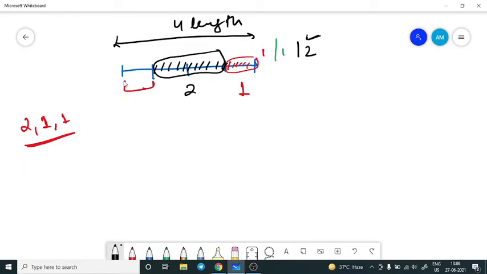Now for this one, you can see that the length is now 1, so I cannot divide this with 2, right? Because the line segment I am left with is only 1, so I cannot divide it with a segment of 2. So the option of 2 is now removed. Now I am only left with these two options, that is one with red color or one with the green color.